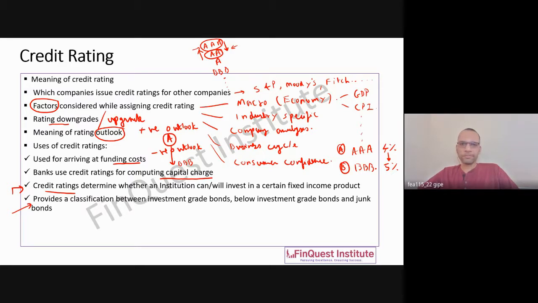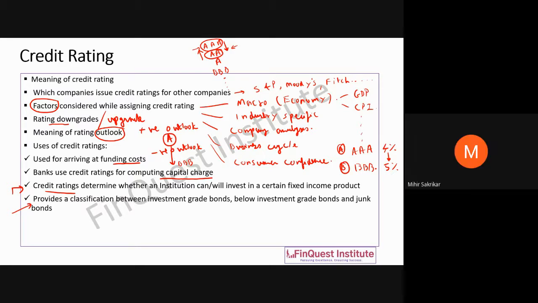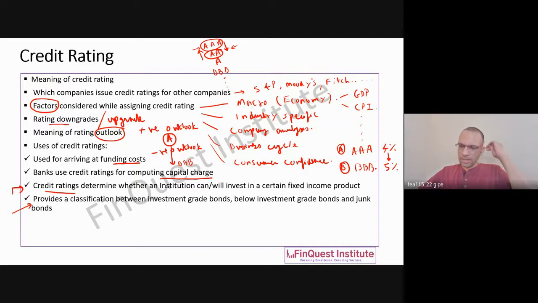Sir, can we say that the Glass-Steagall Act would provide a better clarity on how rating agencies are supposed to function? Yes. Again, as I mentioned, there are various kinds of regulations which come in every now and then, and many times the regulator says that you either have to follow them strictly or maybe follow them in spirit.